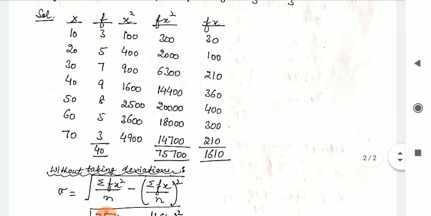That comes out to be, that's the last column that I have written, 30, 100, 210, 360, 400, 300, 210, and the total is 1610. And we would then be needing f into x. So we have already made it, and the next is x square.